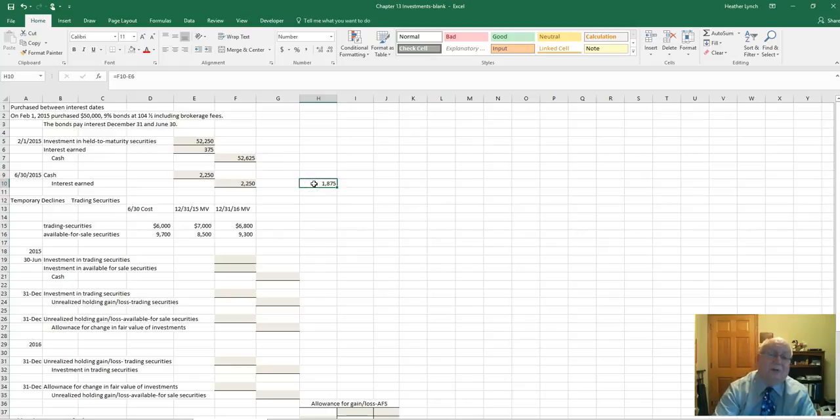The other way you can do this, which is less common, instead of interest earned here, you'd have interest receivable. And then you'd have interest earned for 1875 and interest receivable for 375. But that's not as common as doing it this way. So that's the two methods for those.